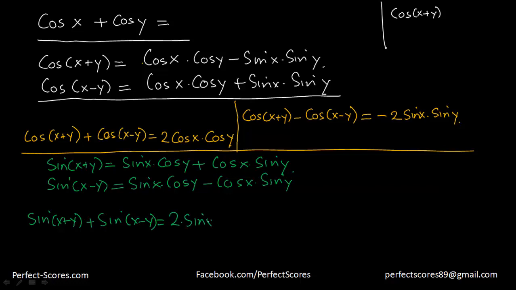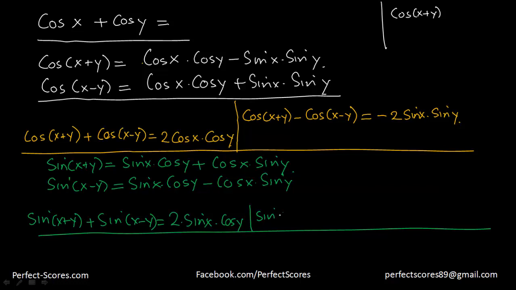I'll get 2 times sine x into cos y. That is one important expression. Another would be if I find the value of sine of x plus y minus sine of x minus y, then this and this would be cancelled out, and this is going to come down to 2 times cos x into sin y. Right, so these are pretty important results.